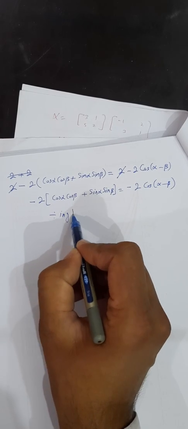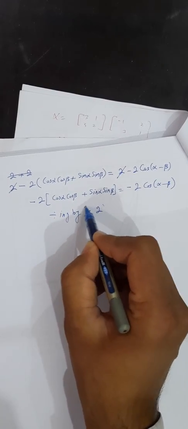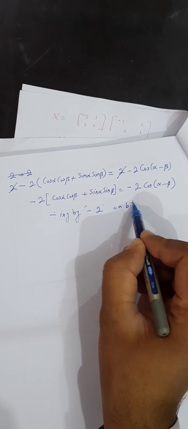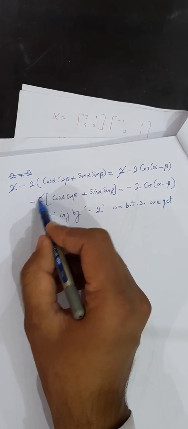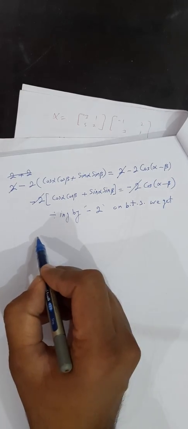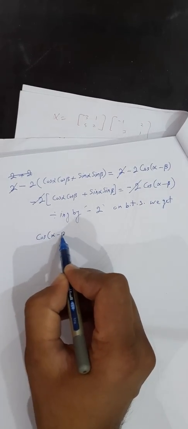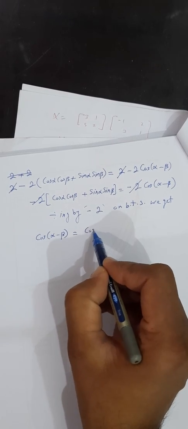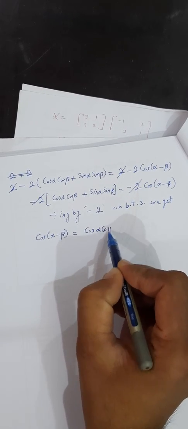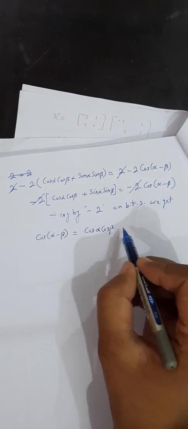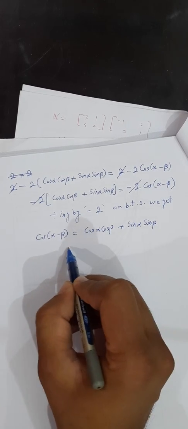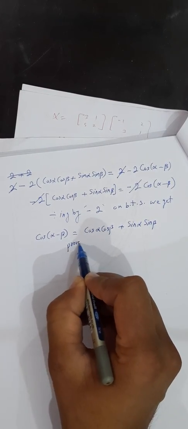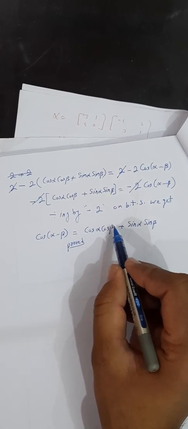Dividing by negative 2 on both sides, this negative 2 and this negative 2 cancel each other. The remaining is cos(alpha minus beta) equal to cos alpha cos beta plus sin alpha sin beta, which is proved, and which is called the fundamental law of trigonometry.